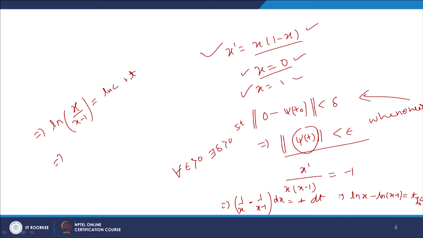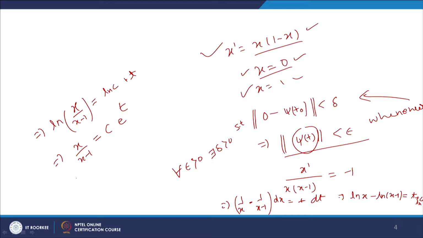So we can write down the solution like x upon x minus 1 equal to c e to the power t. So the solution can be simplified like this. Now, we want to find out the solution x t, so let us simplify further.